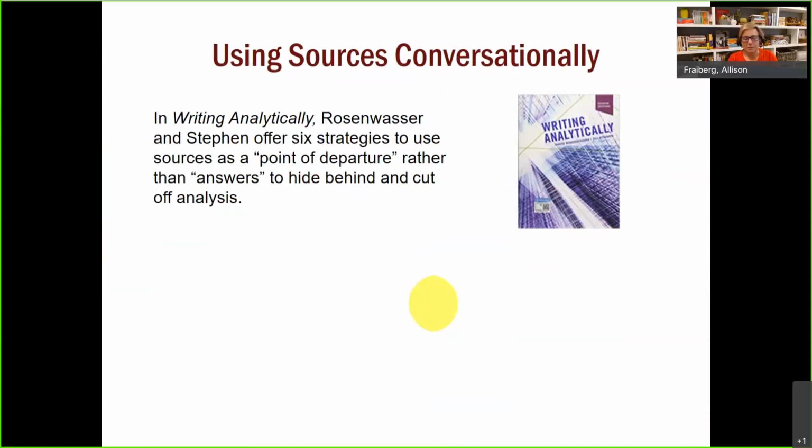We need to stop thinking about sources and start thinking about people who have ideas and theories and experiments that they've published, and that we are going to have a conversation with them. And then we're going to find a way to contribute to their thoughts and ideas and experiments. It's a different way of thinking about sources.